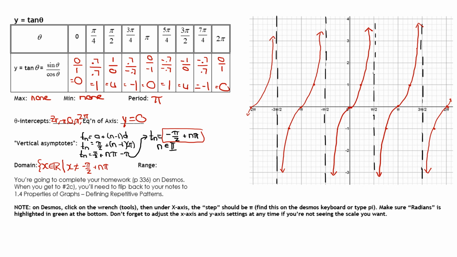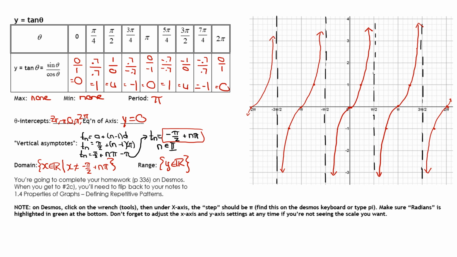Those are our vertical asymptotes. Other than that, we can use any x value. The range, unlike sine and cos, which had a minimum and a maximum, for tan we do not. It's just y is an element of real numbers.